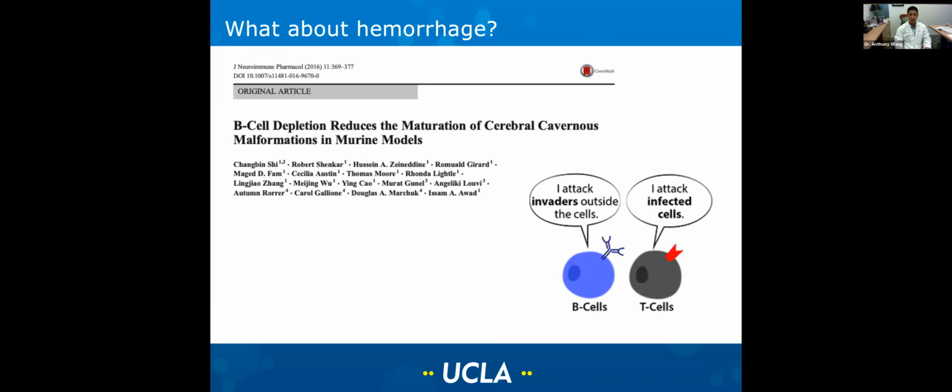Now, B cells, if you'll remember, are one of the types of lymphocytes, part of the adaptive immune system in each of our bodies, and activate antibodies. And so there appears to be an inflammatory component to the development or maturation of cavernous malformations, potentially affecting the risk of hemorrhage.